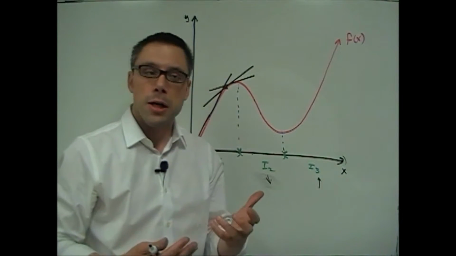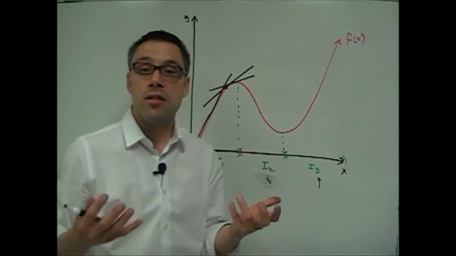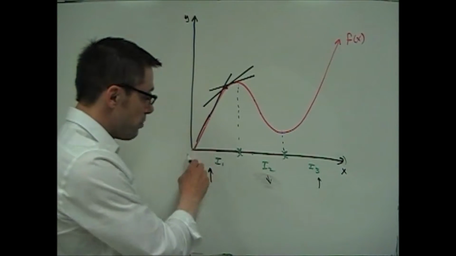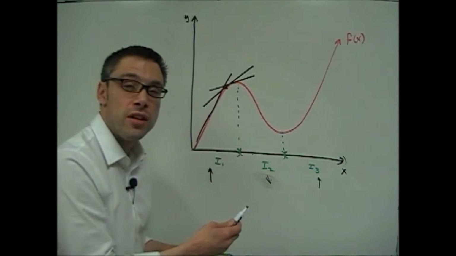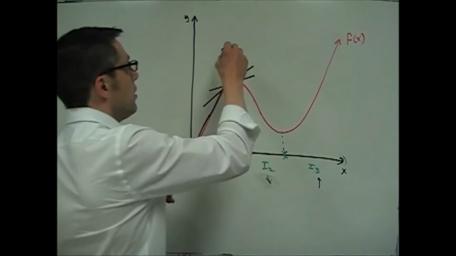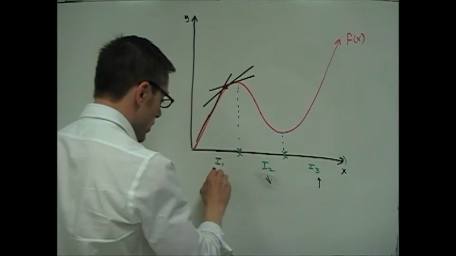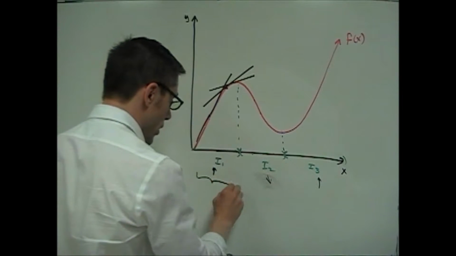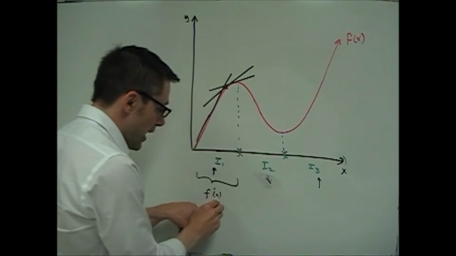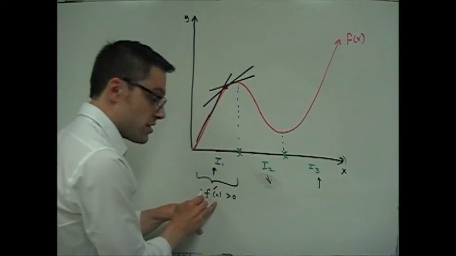So remember, the slope of the tangent line and the derivative are one and the same. Therefore, we can use calculus. This means that, notice that for every point in I1, the derivative of my function at that point is positive, right? So I'll write that here. If the function is increasing everywhere, look, the derivative of my function at every single x in the interval I1 is going to be positive because it has a positive slope.